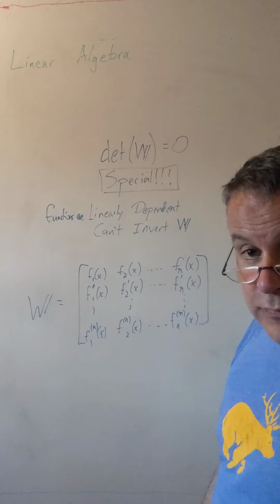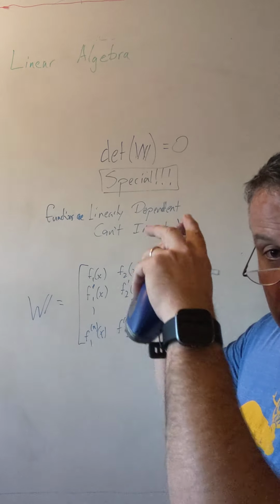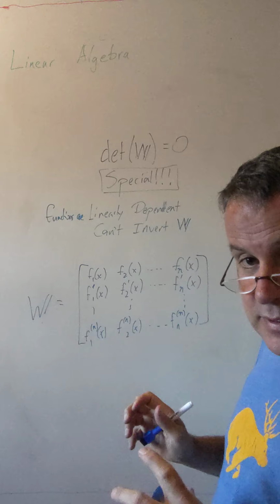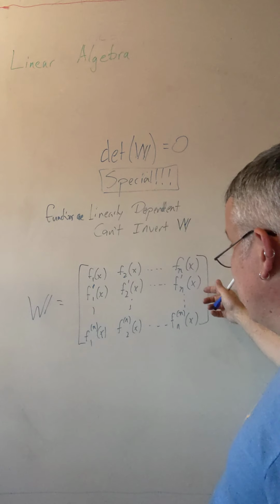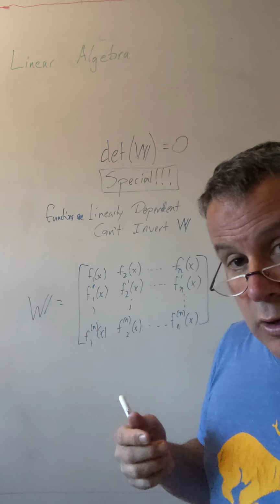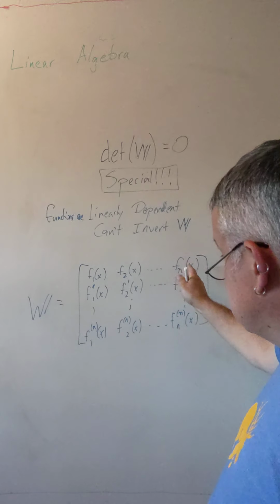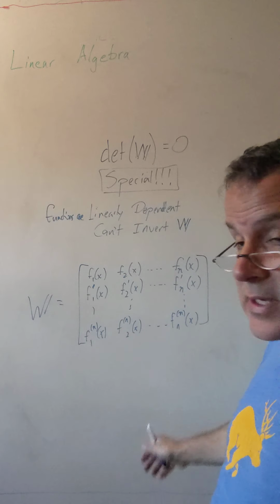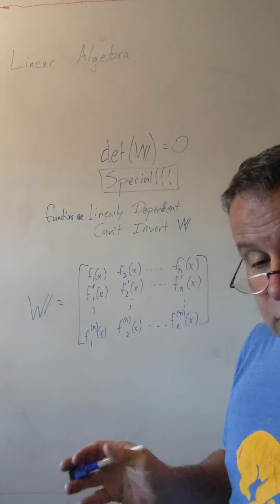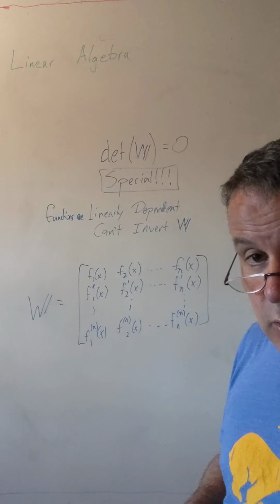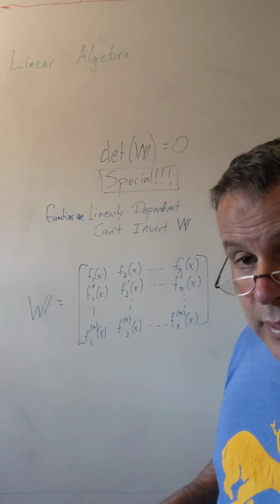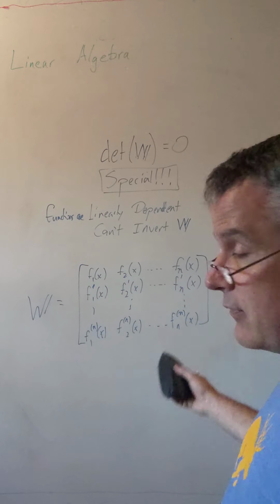This is an awful lot like comparing the coefficient matrix of different Taylor series together. Hey, look, if we were comparing different Taylor series, those are approximations to the function up to the nth order. This Wronskian is like the coefficient matrix, or proportional to the coefficient matrix for the Taylor series of all these different n functions.